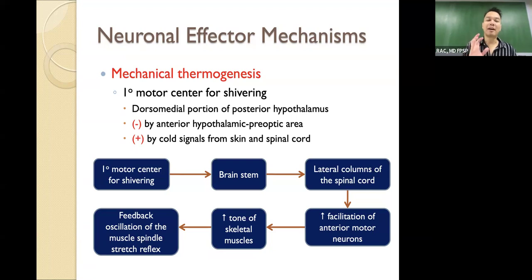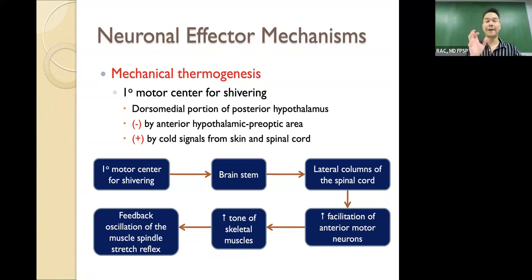So whenever the posterior hypothalamic region is activated, this will facilitate the anterior motor neurons, increasing a feedback oscillation of the myotactic and inverse myotactic reflex. So when that happens, you will notice that whenever the muscle relaxes, it sends a feedback loop, causing it to contract.